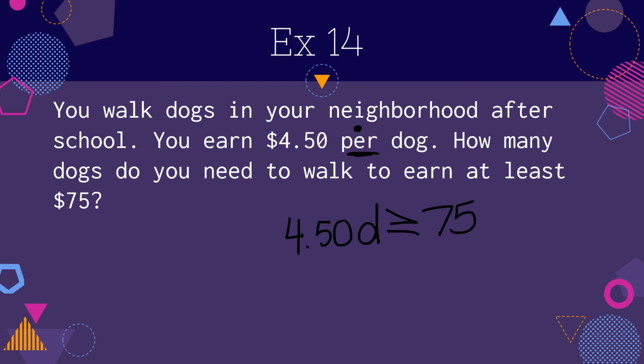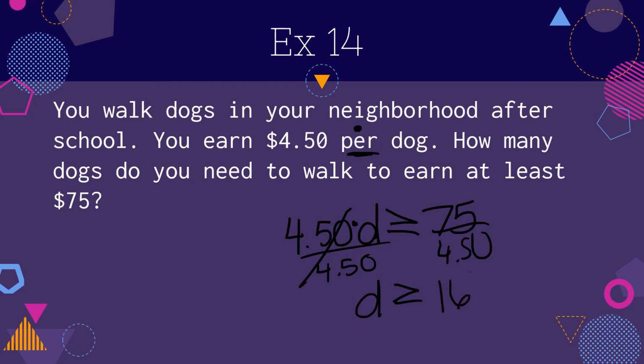So we're creating a one or two-step inequality. Now we're going to solve it. Let's divide both sides by 4.50. And let's see. I would have to walk, and let's divide that. Nice clean number. Ooh, is it a clean number? 75 divided by 4.5. Weird. Okay, so here's what I got.